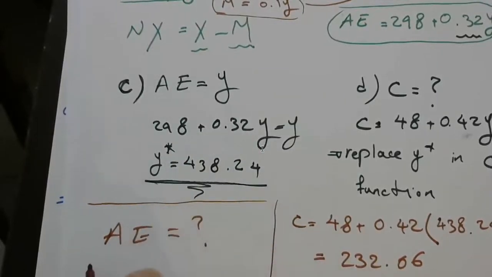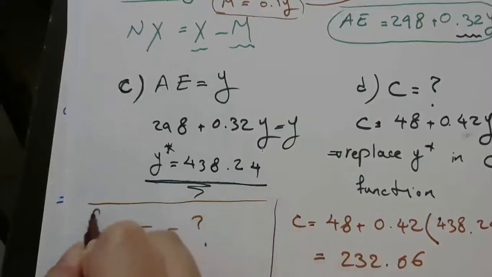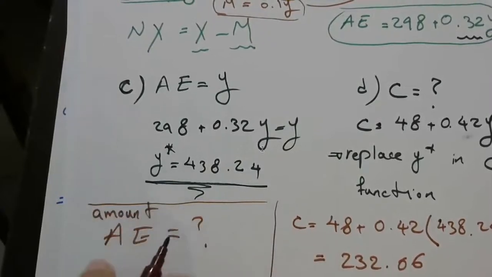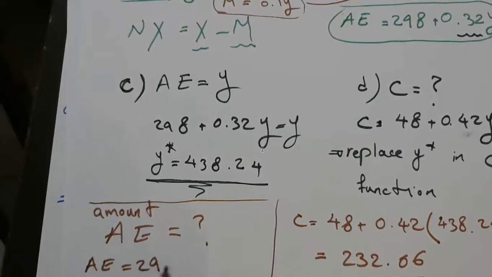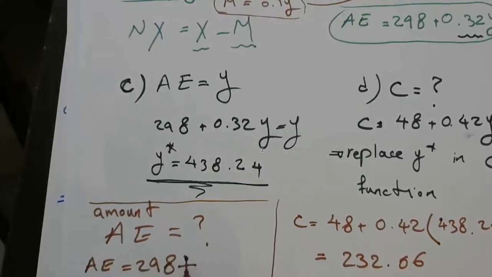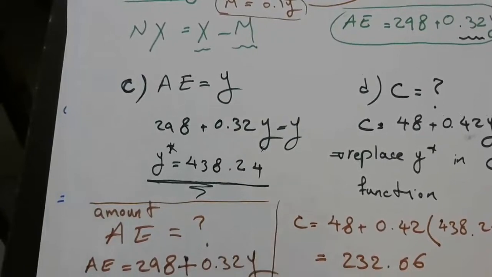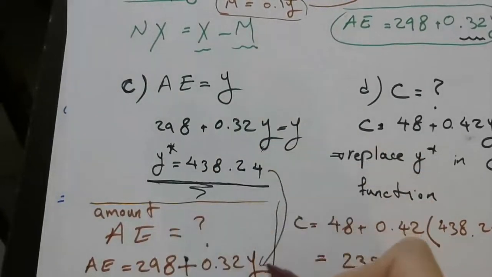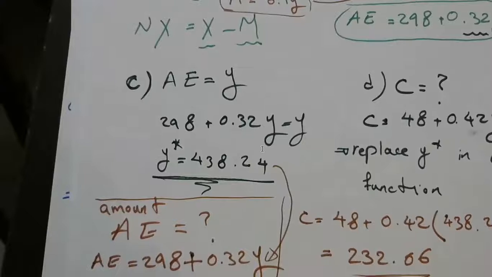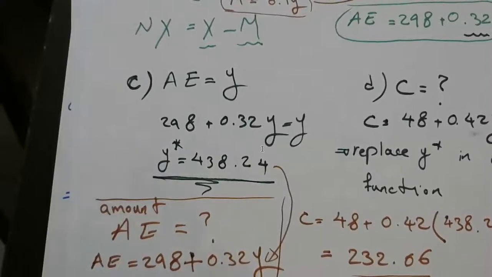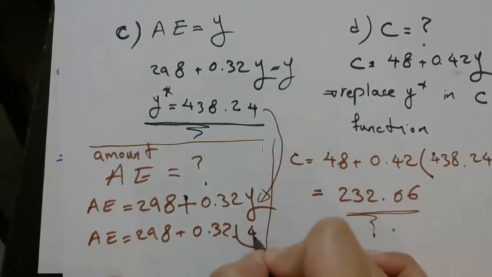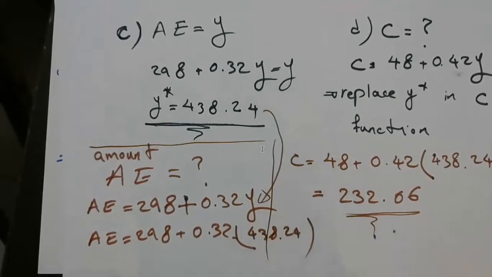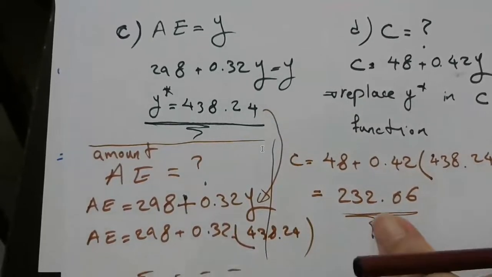If they ask you the amount of aggregate expenditure, you write AE equal to this, plus 0.32y, and then you replace Y. So AE is equal to 298 plus 0.32 times 438.24. That's all. You calculate the amount of aggregate expenditure.